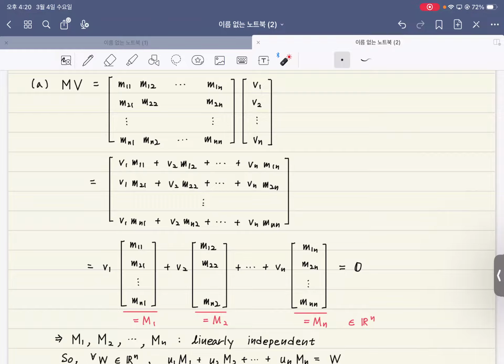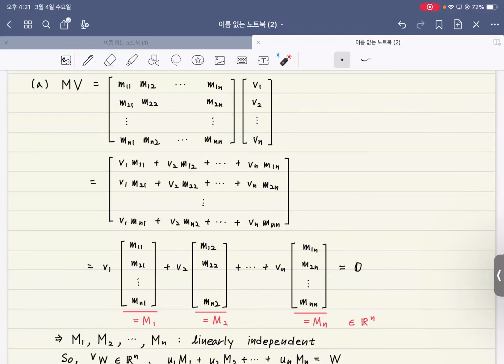If you take a close look at this last expression, we are assuming that this equals 0. I hope you remember this. This last expression looks like a linear combination of the vectors M1 to Mn equals the 0 vector, right? So MV equal to 0 means the linear combination of the column vectors of M equals 0.